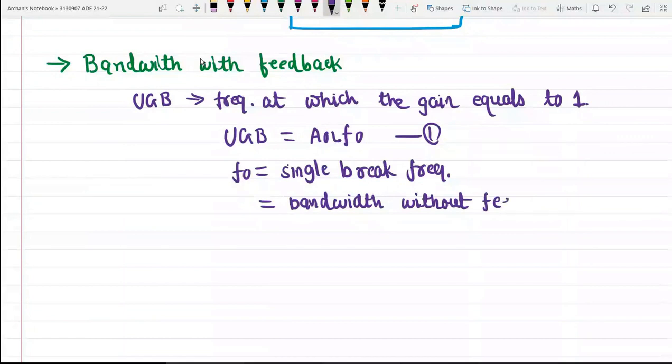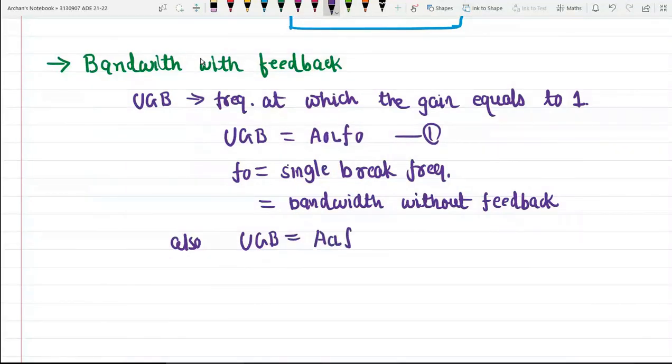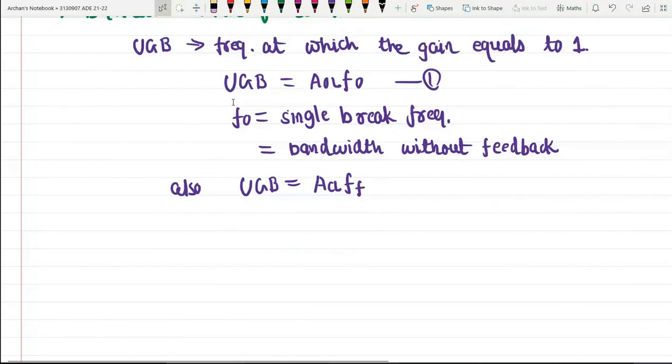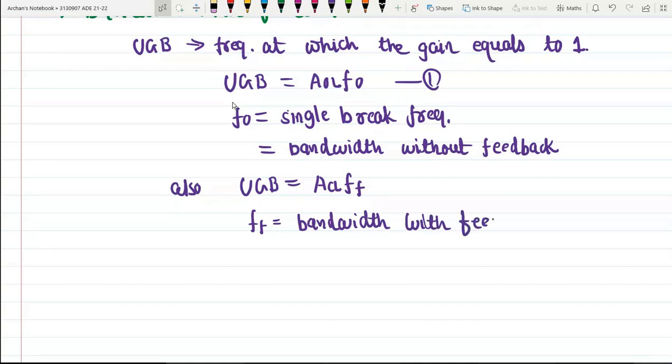Also we know that unity gain bandwidth is the closed loop gain times the bandwidth with feedback. This equation is also true. Here ff is equal to the bandwidth with feedback.